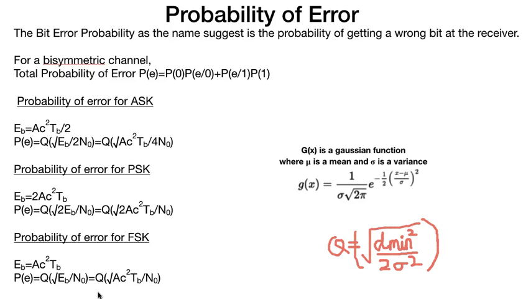If you put all these values, you will get your bit error and eventually your probability of error for FSK. If you get this value, you put the value of Q in this Gaussian signal.